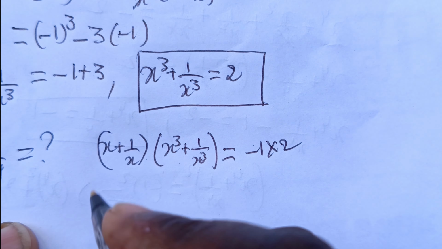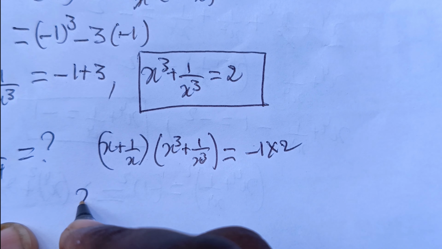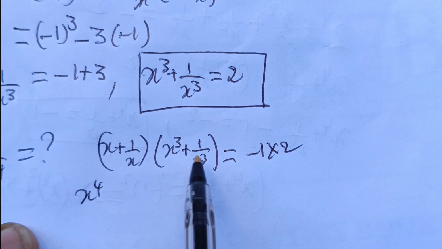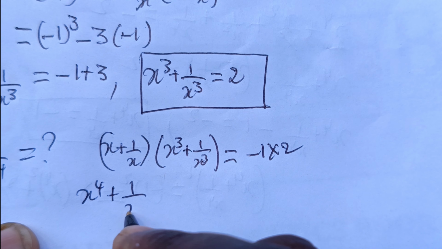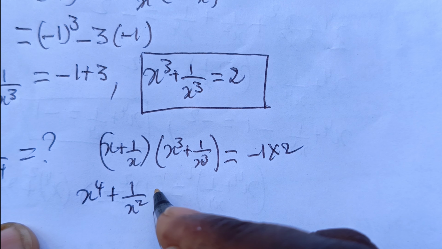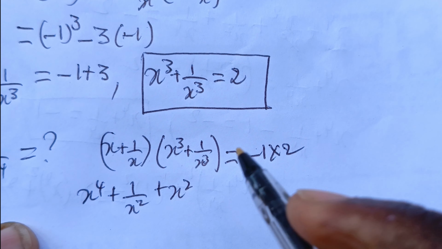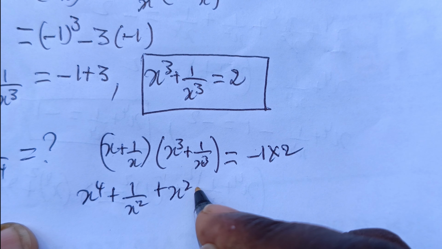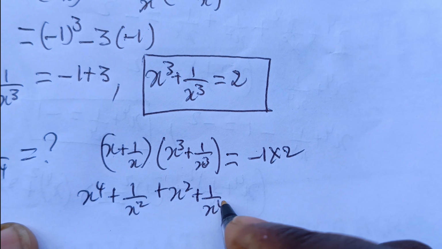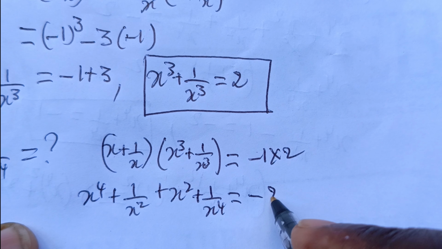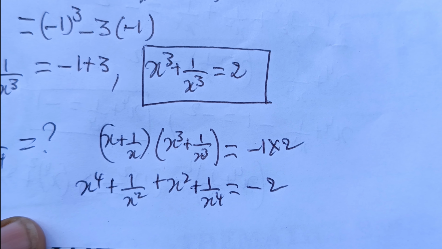Expanding the multiplication here, this times this will be x to the 4. This times this will be 1 over x to the 2. This times this is x to the 2. And this times this will be plus 1 over x to the 4. And this is minus 2.